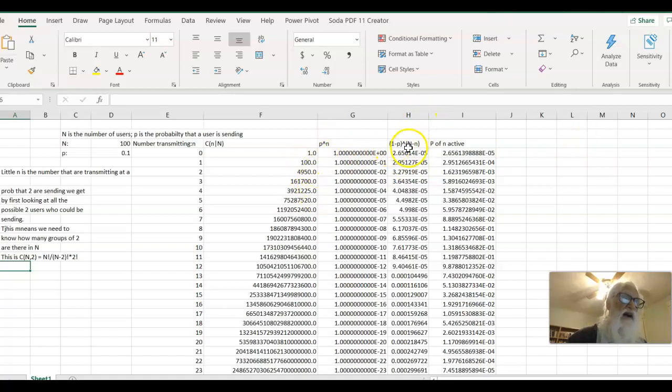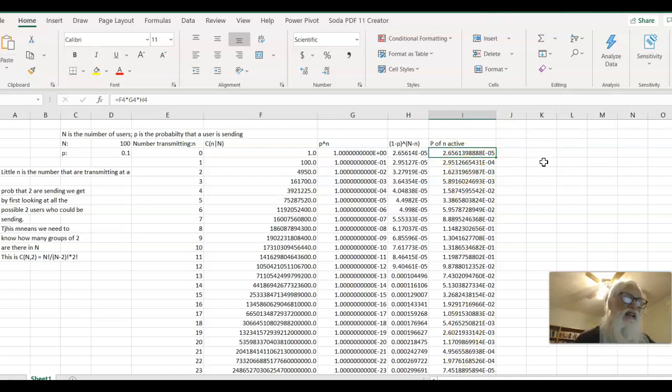This is the probability that N minus n are not sending. And then basically I had to compute these items together. I had to compute the combination, and then from there, the ones that are not transmitting and the ones that are transmitting probabilities, and those are the answers.